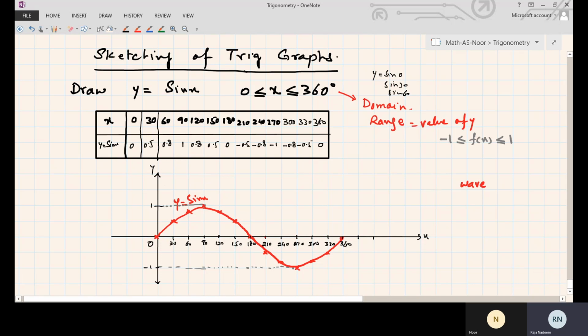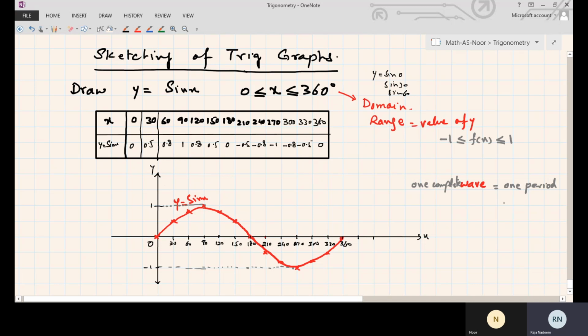Number two, when you draw the graph, you'll get one complete wave. We call it one period. The term which we use in trigonometry, instead of saying it is a complete wave, we call it one period.